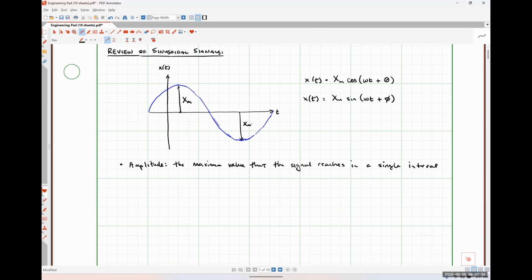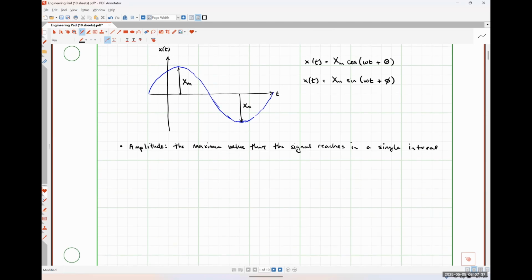Next, I want to talk about our angular frequency. So our angular frequency has the symbol of omega. This represents how quickly the signal is changing with respect to time.